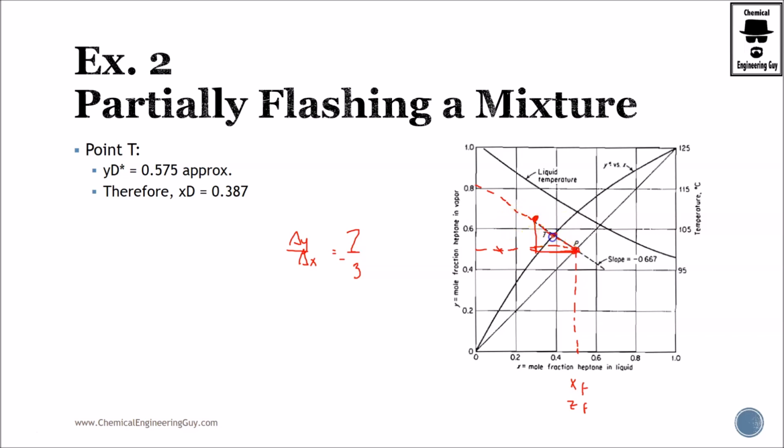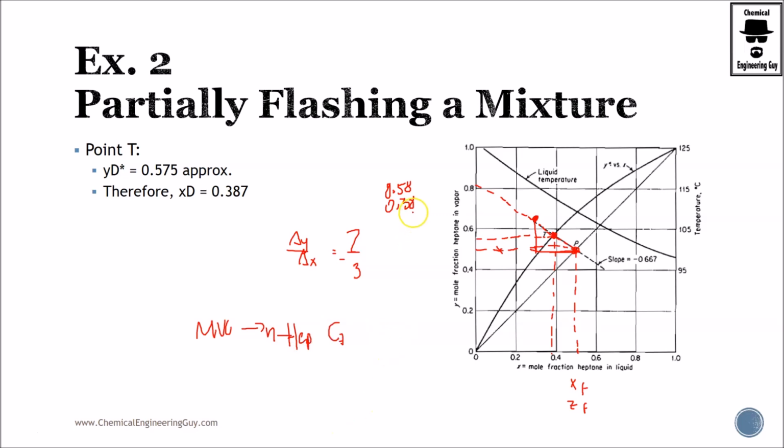As you can see here, guys, we have the point of intersection with the equilibrium line. And if we go to the left side, this will be something around 0.58. And if we go down, will be something around 0.38. And those are the compositions of the most volatile component, that will be N-heptane, which is C7.